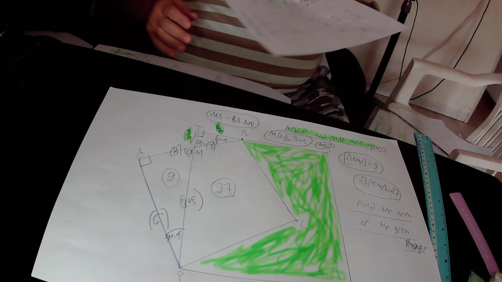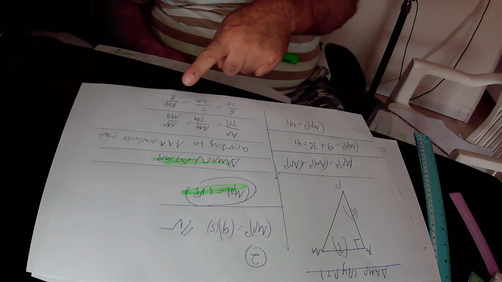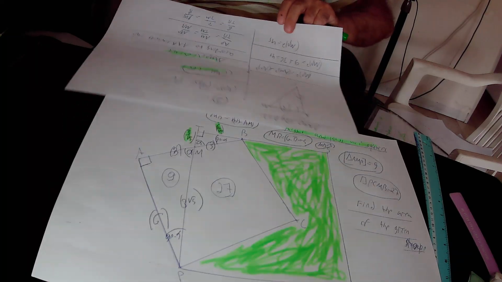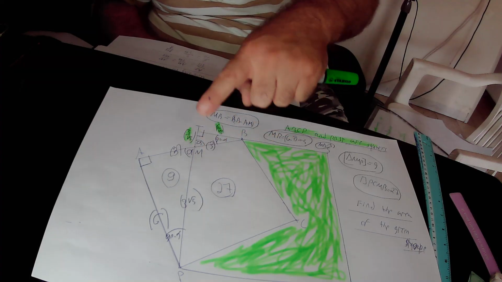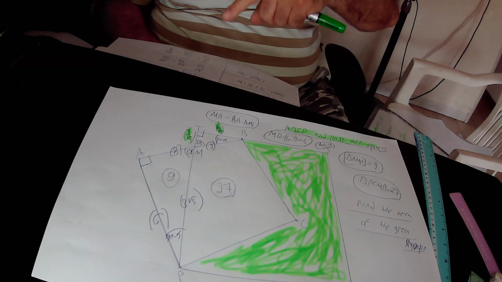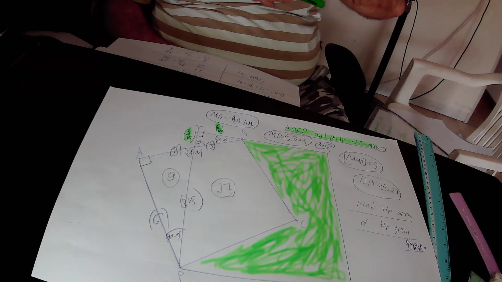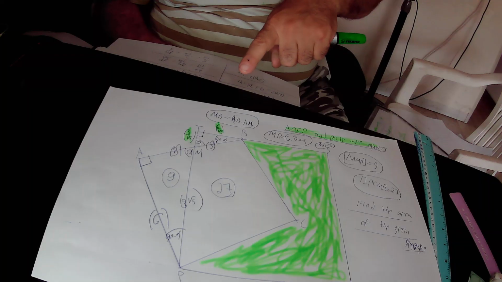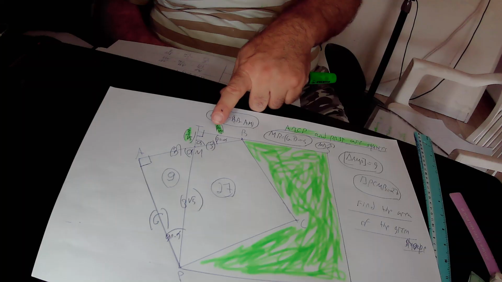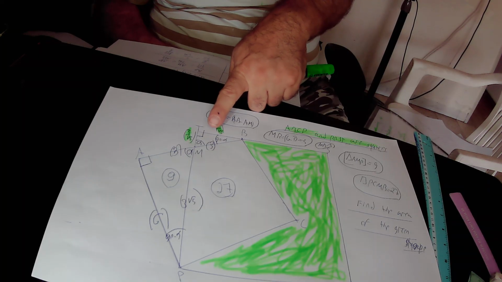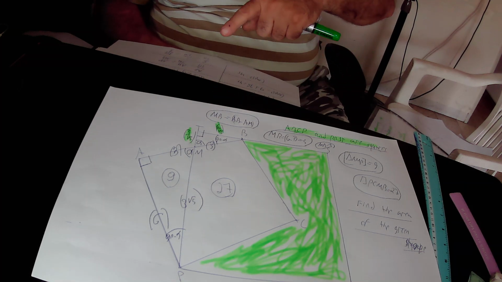So we have AP over TB equals AM over TM equals MP over MB. AP is 6, over TB, the missing side. AM is 3, over TM, the missing side.